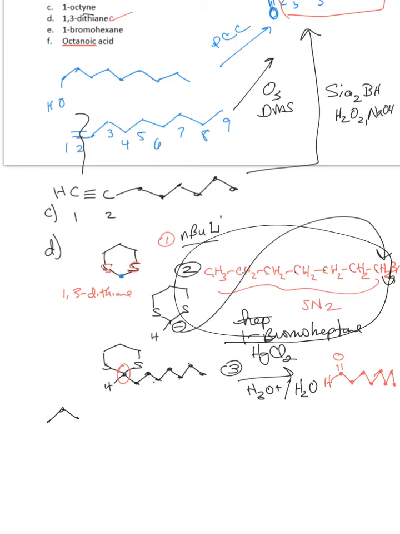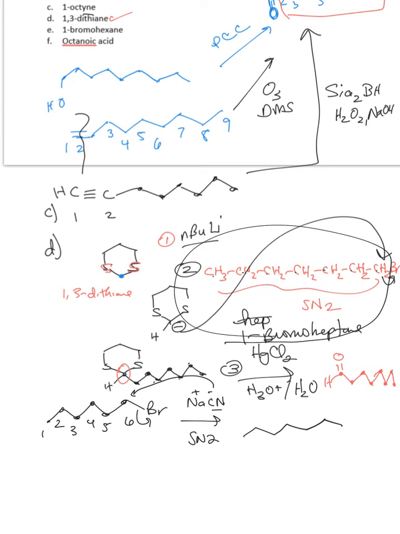Okay, so let's draw 1-bromohexane. 1, 2, 3, 4, 5, 6, bromo. Okay, so the first thing you want to do is just sodium cyanide, because you need to add another carbon. That's going to do an SN2 reaction. So you have a nitrile.